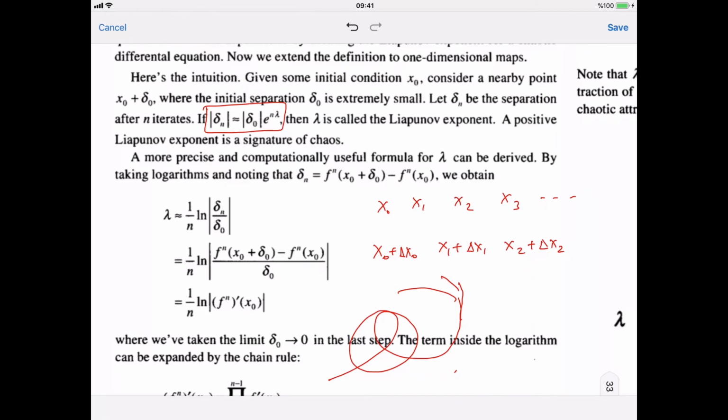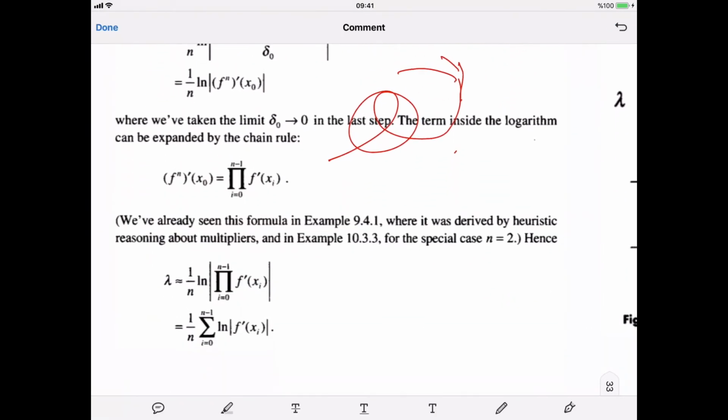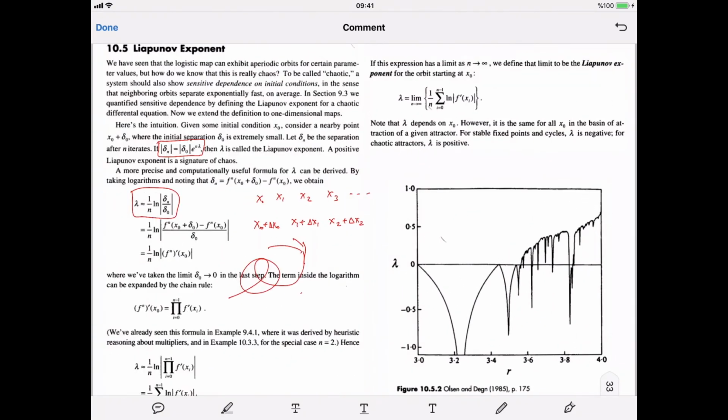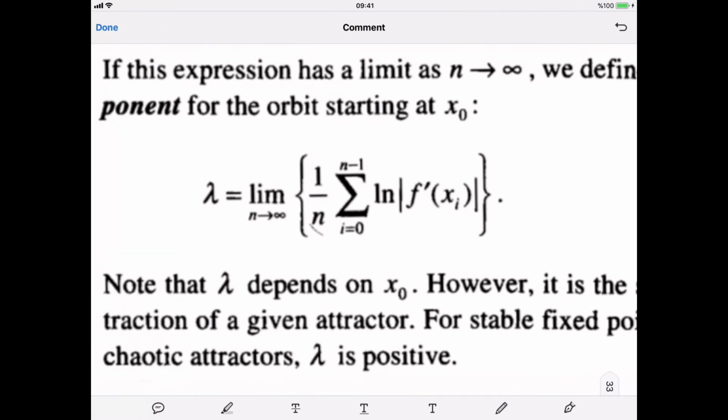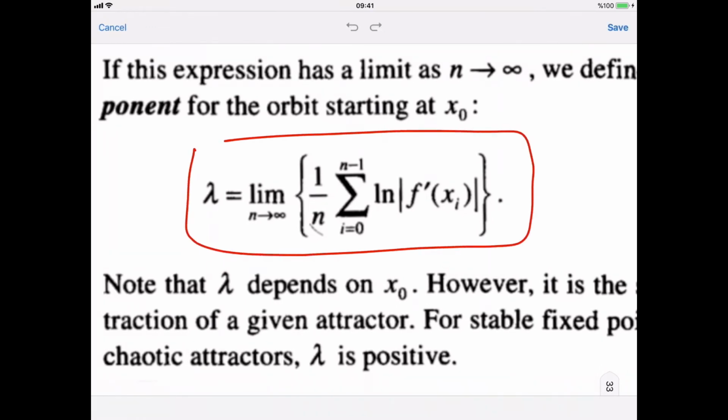Do you remember that? So after doing some calculation, like here, some definitions and very nice properties of logistic map, or in general the 1D maps, you arrive at this formula for Liapunov exponent. It seems complicated, but really it isn't.